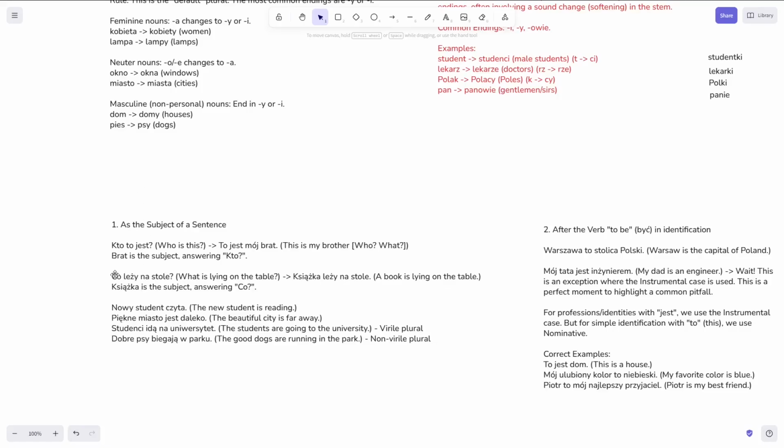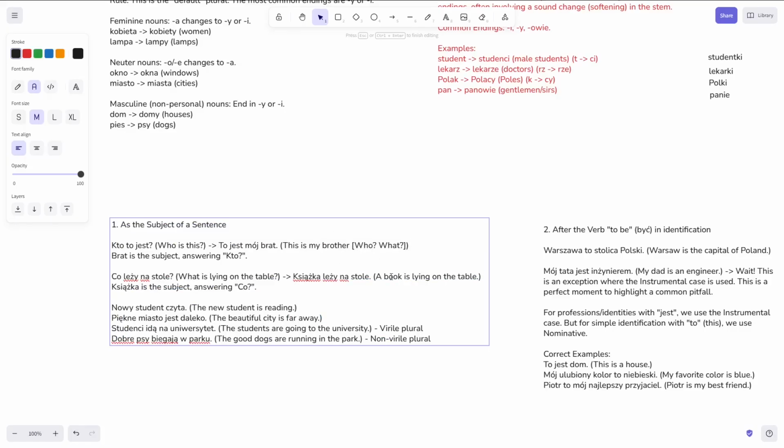Okay, another example. Co leży na stole? What is lying on the table? And we can answer, książka leży na stole. So a book is lying on the table. So the same as previously, we can have a blank over there. So blank is lying on the table, right? Well, what kind of questions can we put over there?